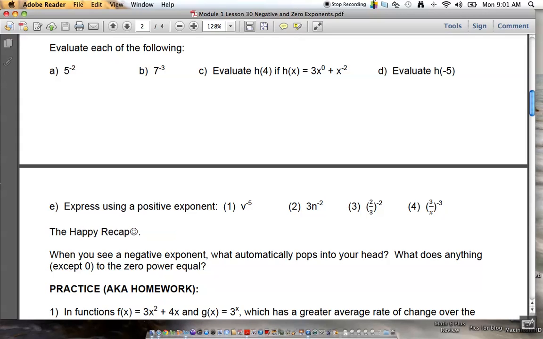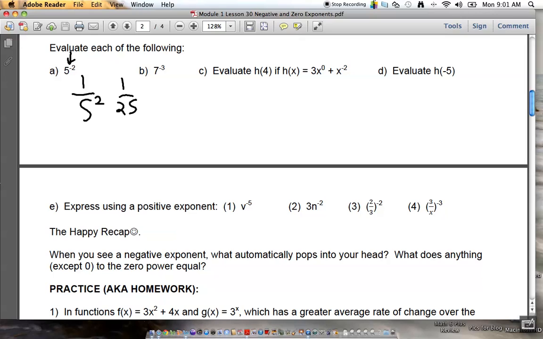So what I actually do with my 8th graders, negative exponent. And they all yell, reciprocal, sir! Now, I see my negative exponent. It's reciprocal. So it's 1 over 5 to the positive 2. And what's 5 squared, everybody? 25.